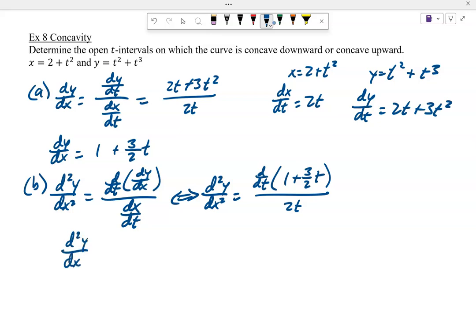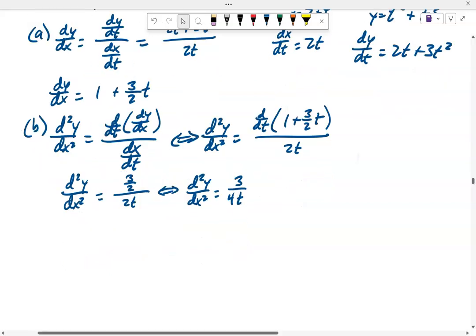So the derivative of 1 plus 3 halves t is just 3 halves, over 2t. So our second derivative is 3 over 4t.